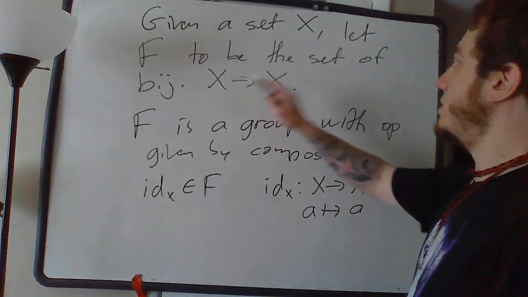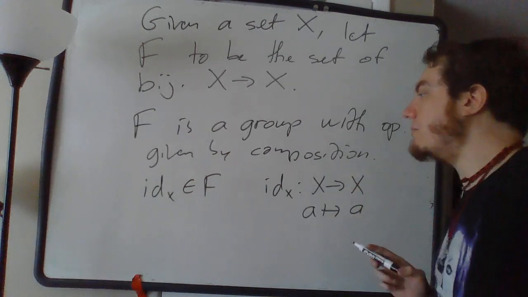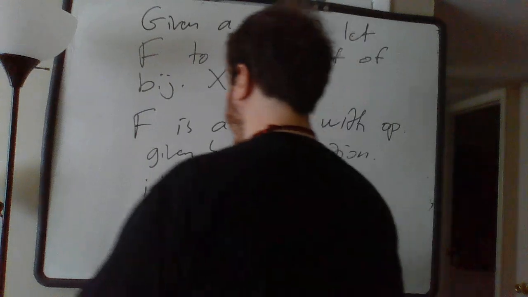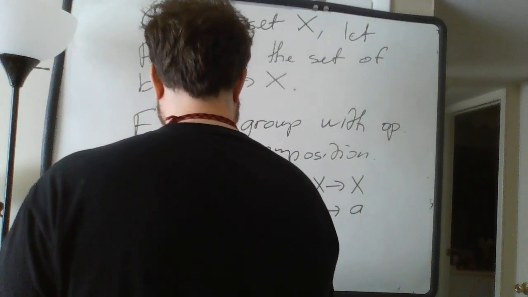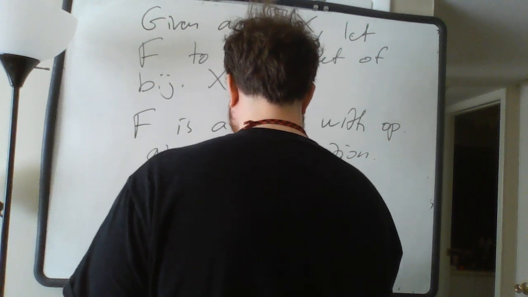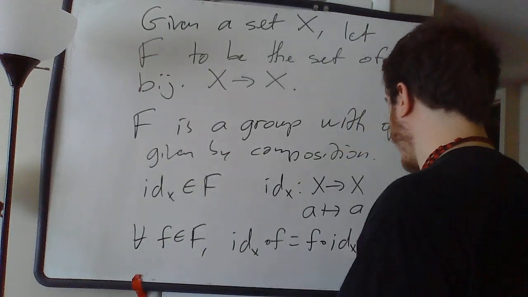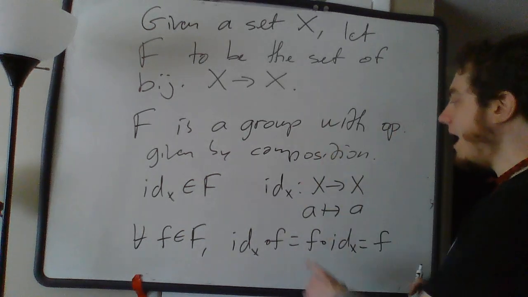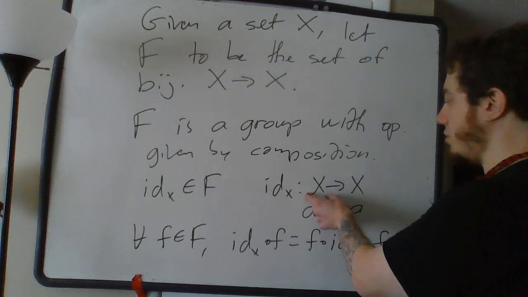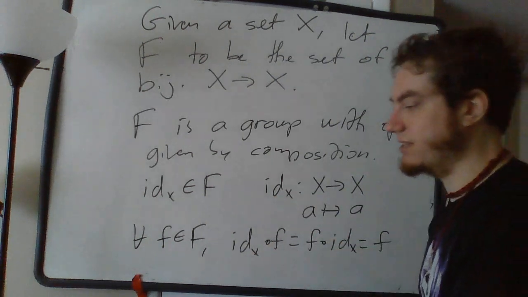So that is definitely going to be a bijection from the set to itself. And the nice thing about this identity function is that for any function little f in F, the identity composed with f is equal to f composed with the identity, and it's still equal to f. Obviously, if this function doesn't change anything in X, then it doesn't matter if we use it like this.